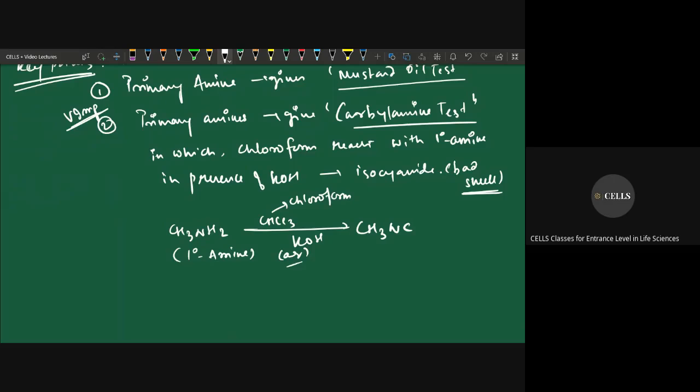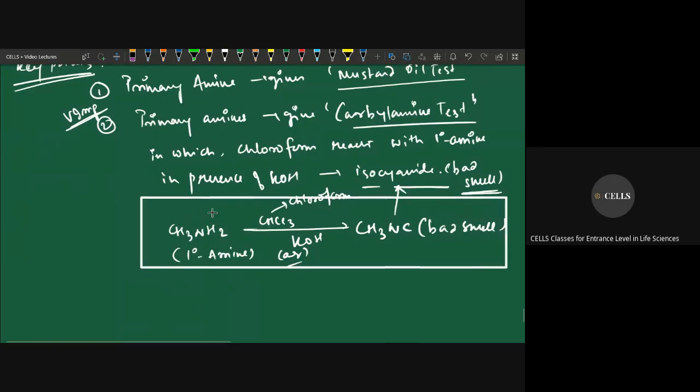Normally CN is known as cyanide, NC is known as isocyanide, and here we get a bad smell. This is the isocyanide. So this is the carbylamine test. You need to remember this.